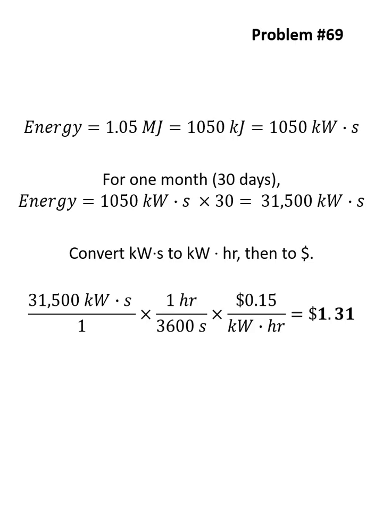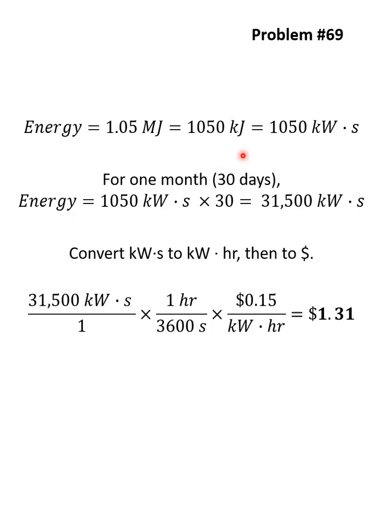Because the problem is giving the cost in kilowatt hours, and that's standard for what electric companies do, let's get this in kilowatts times time. So 1.05 megajoules, that's what I had on the previous slide, is 1050 kilojoules. And let's turn those joules into watt seconds.